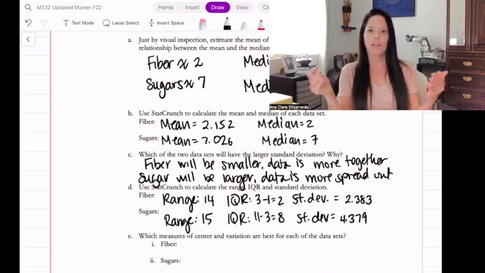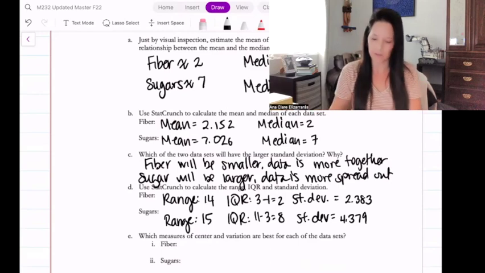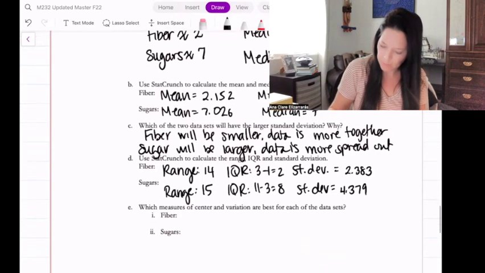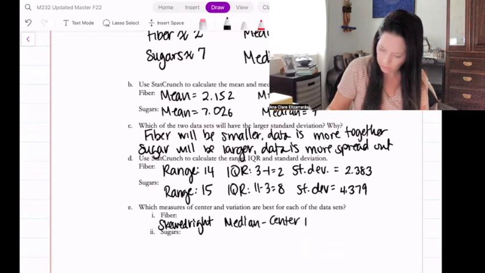So again, the IQR for fiber is probably better because it's skewed to the right, but for sugars, we want to use the standard deviation. So fiber is skewed right. So we are going to use the median for center and the IQR for variation.